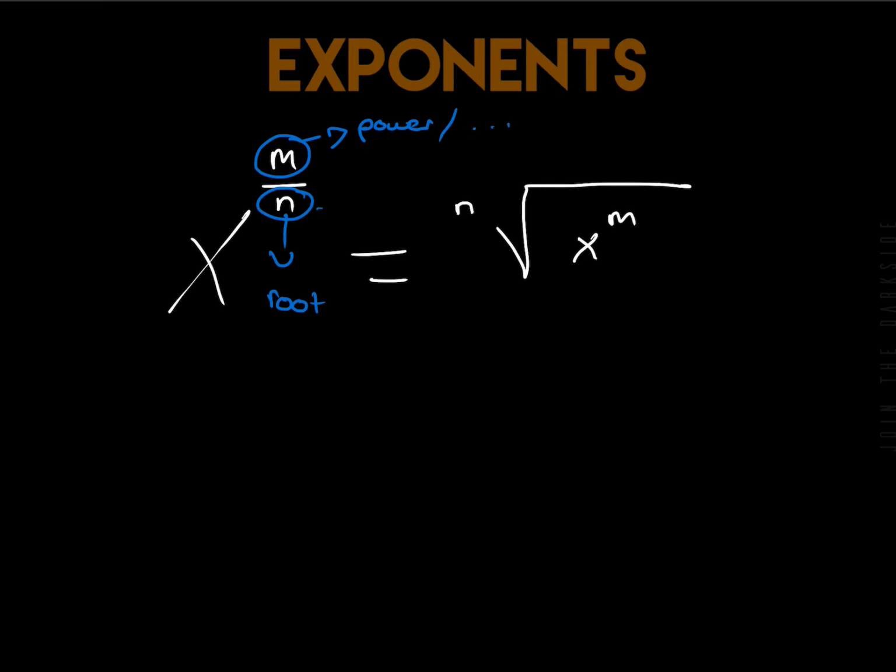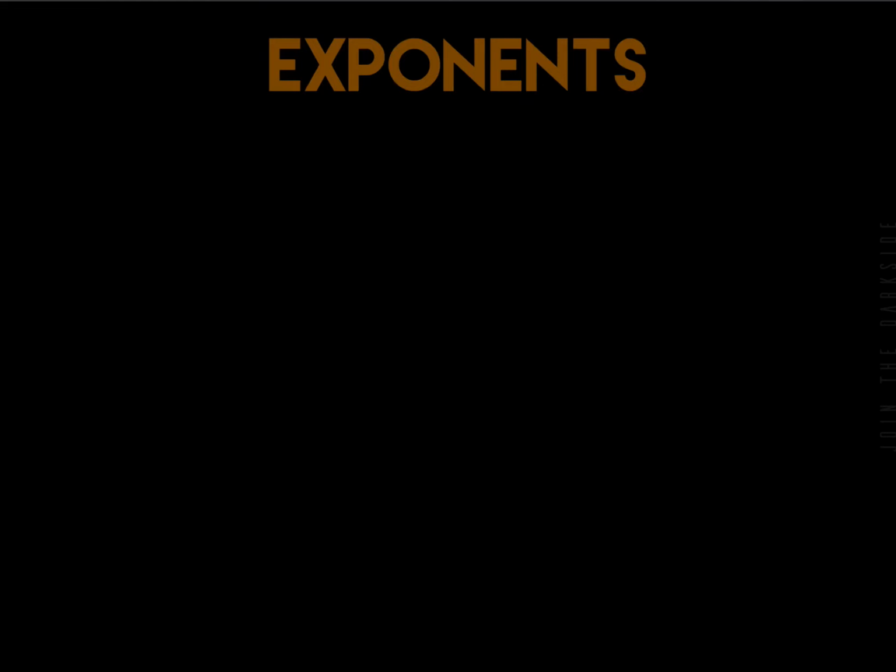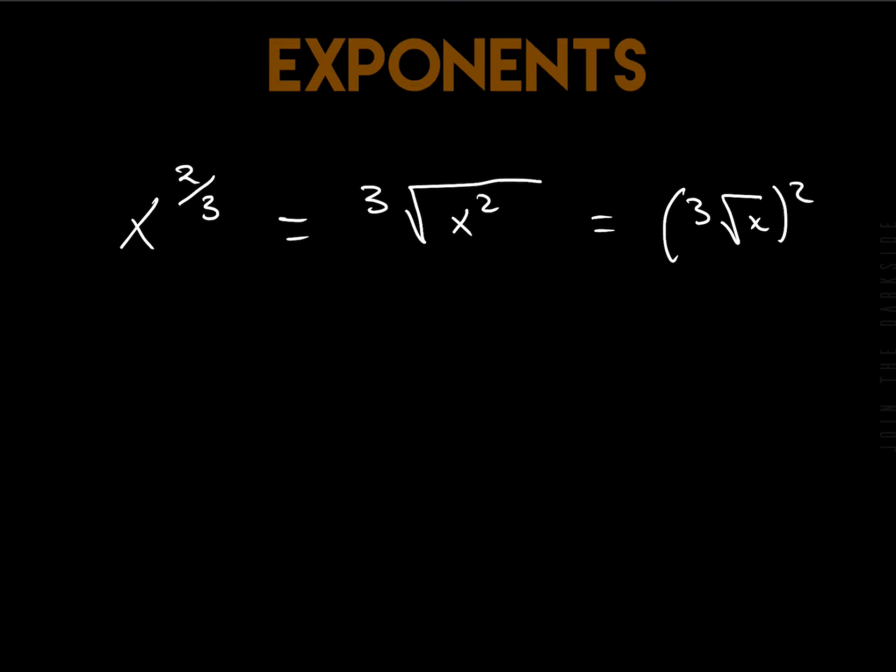So you've got the n here, and you've got the m there. Let's try an example with that. X to the power of 2 over 3. So our 3 will be a cube root of x squared. This can also be written as the third root of x squared.